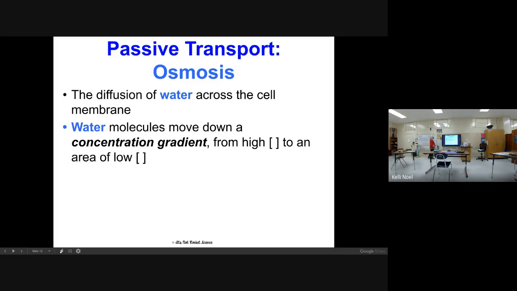So this is when specifically water molecules are going down a concentration gradient from high to low, because sometimes what's in the water cannot go across for whatever reason, but the water can go across and balance out the concentration.